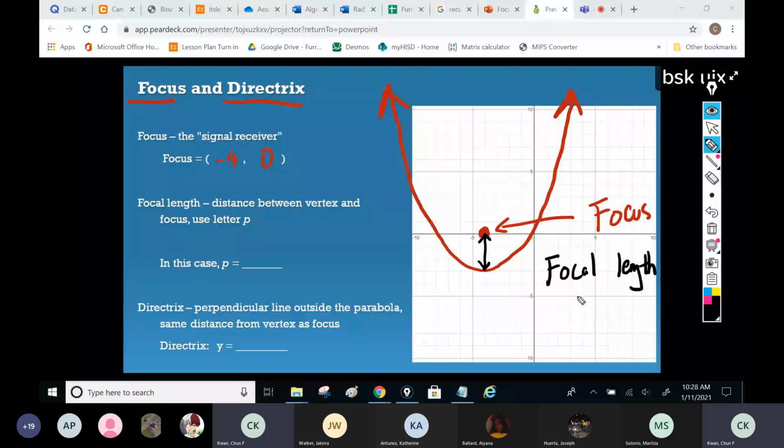We will use the letter P for the focal length. On this particular example, P equals 3 because it goes from right here to right here. So the distance between the vertex and the focus is the focal length, and in this case, P equals 3.